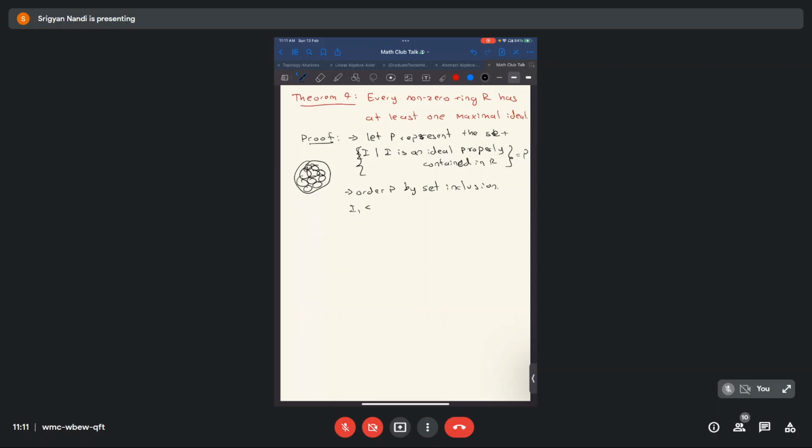That is, I1 is less than or equal to I2 if I1 is fully contained in I2. Again, this is a partial order. We may have two ideals such that neither one contains the other. This is why we use a partial order, right?